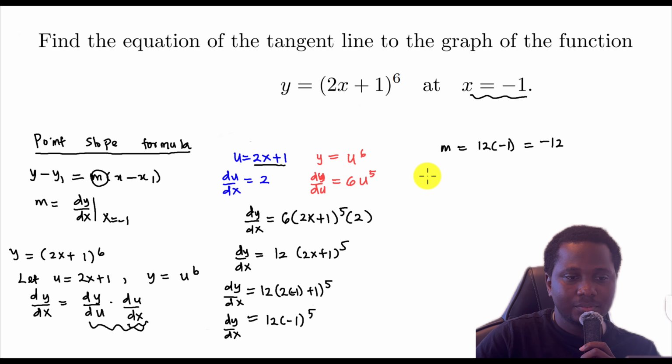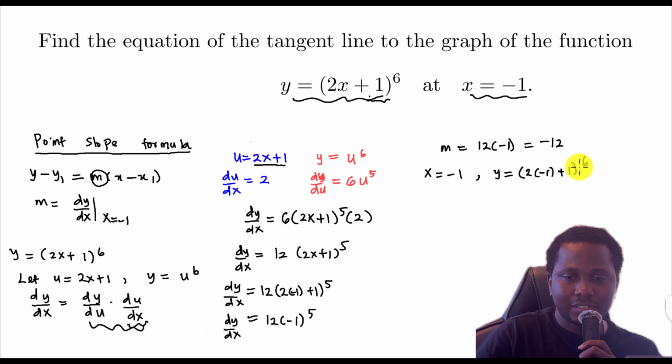We have the slope. How do we determine the point? Here, we are given x to be minus 1. How do we determine the corresponding value of y? We can just use this equation. y equals, if you replace x with minus 1 here, 2 times minus 1 plus 1 raised to the power 6.